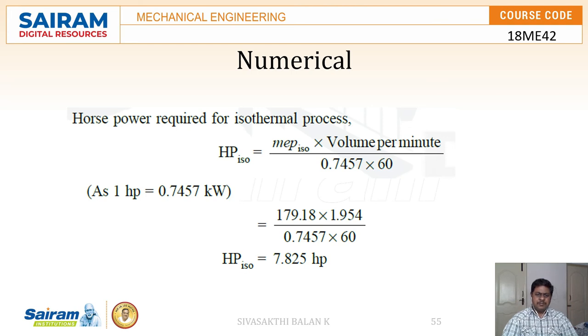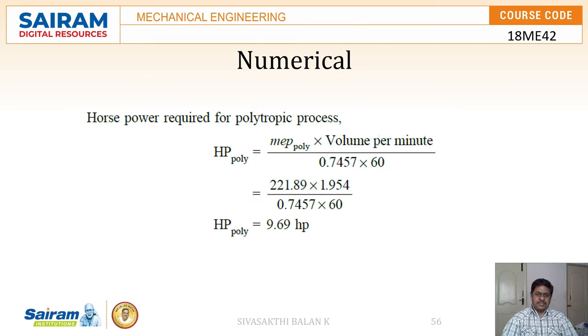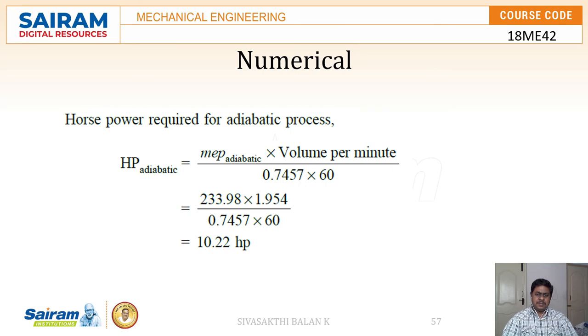Substituting all the values, we get the horsepower required to drive the compressor for the isothermal process as 7.825 HP. In the same way we can calculate for the polytropic process, and that HP value is 9.69 HP, and for adiabatic it is 10.22 horsepower.